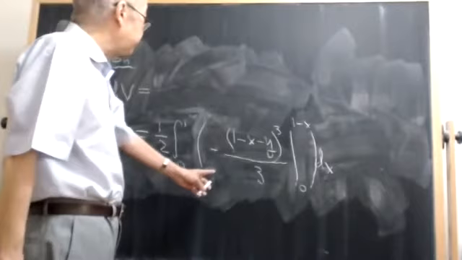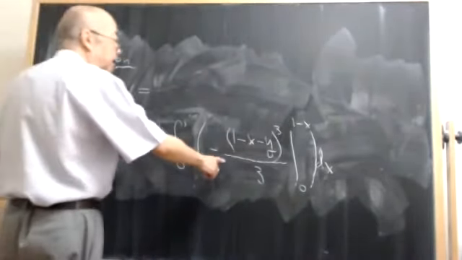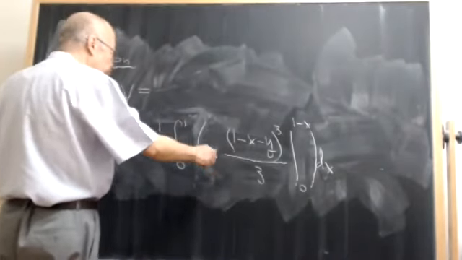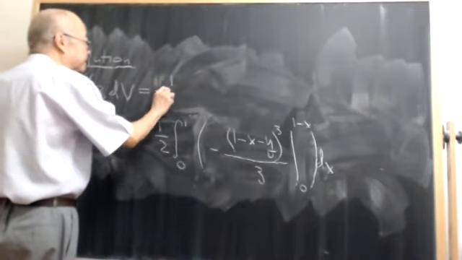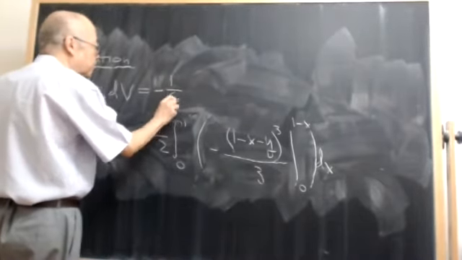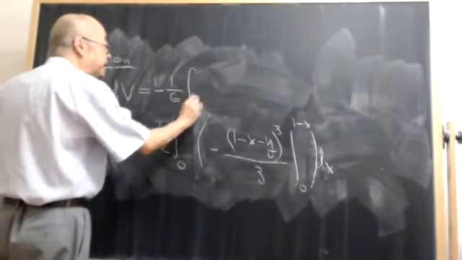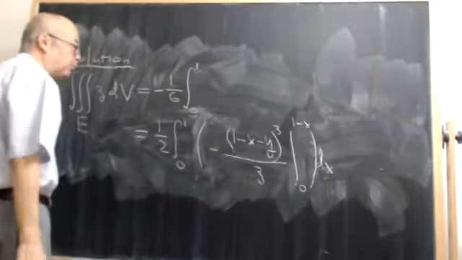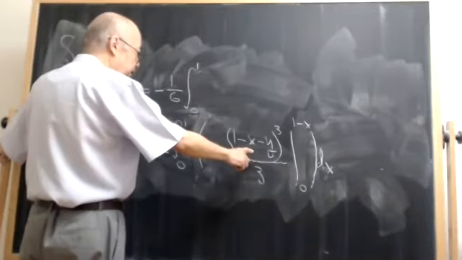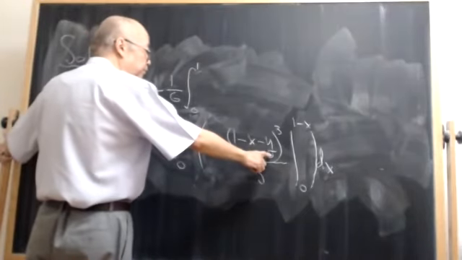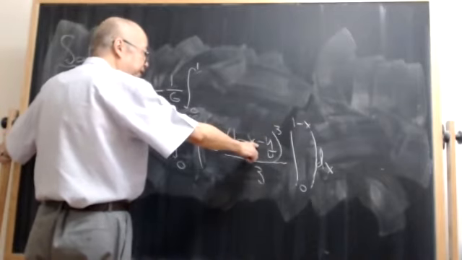So let me try to evaluate. I can pull this minus 1/3 out. So it's minus 1/6 times the integral from 0 to 1 of the following thing. You put y equal 1 minus x, you get 0.